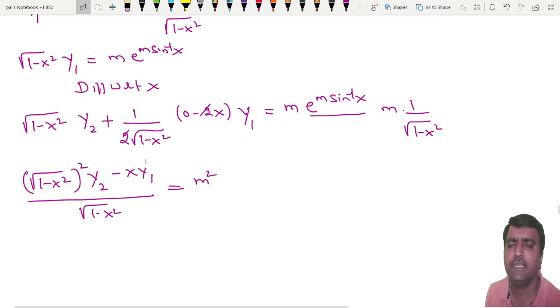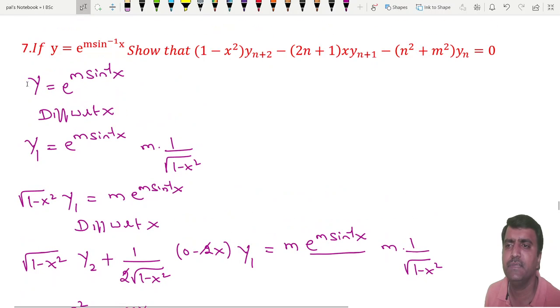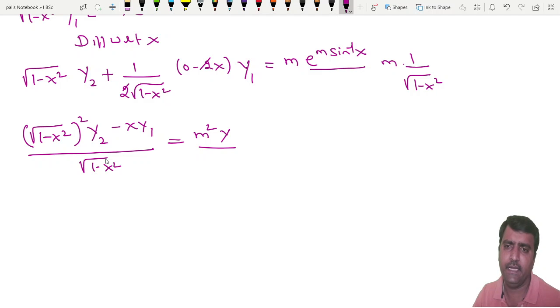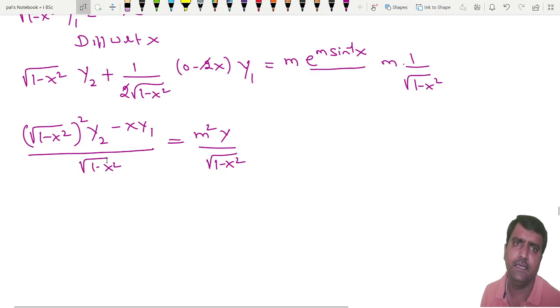e to the power m sin inverse of x can be written as y. So you write directly, that is y divided by root of 1 minus x square. Both the denominators are same, so you can cancel the denominators. Cancel this.